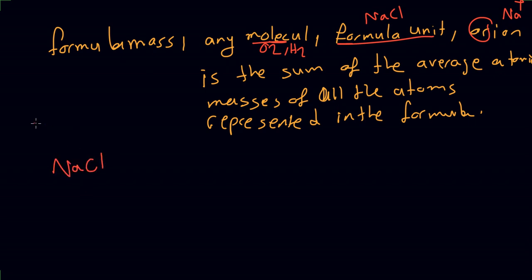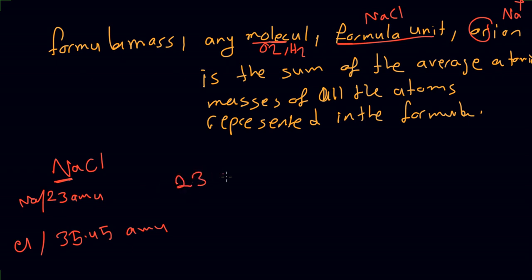NaCl, for example. Na is equal to 23 AMU. Cl is equal to 35.45 AMU. So the formula mass is equal to 23 plus 35.45 AMU.